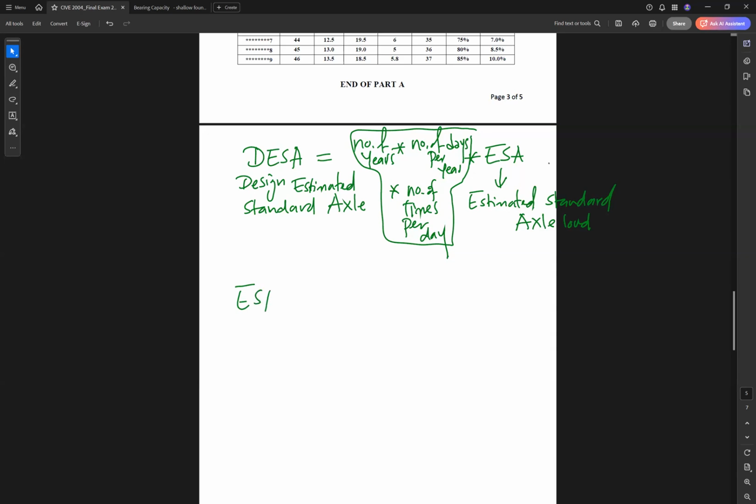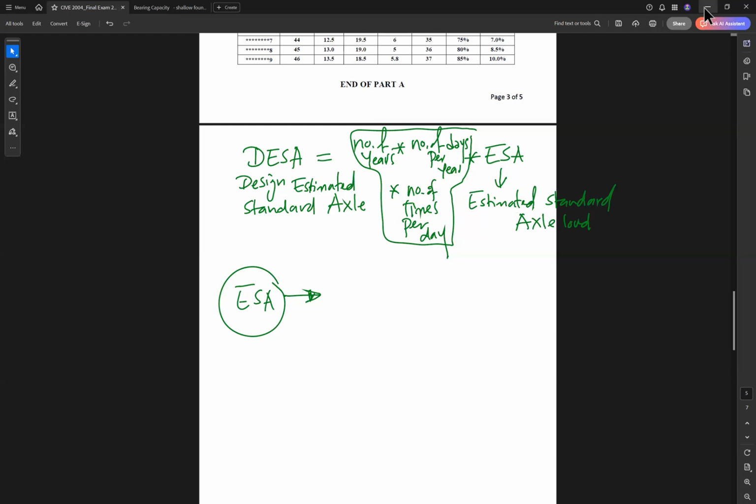So we need first to find the ESA. To find ESA, we need to create a table. An example of that is in week 11, where we have the road pavement.